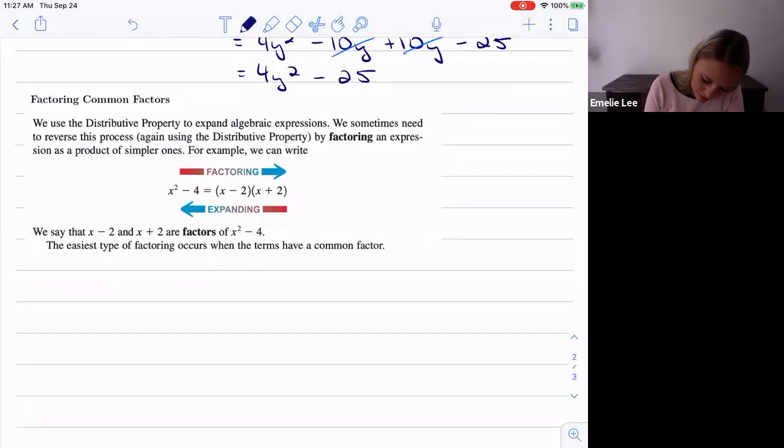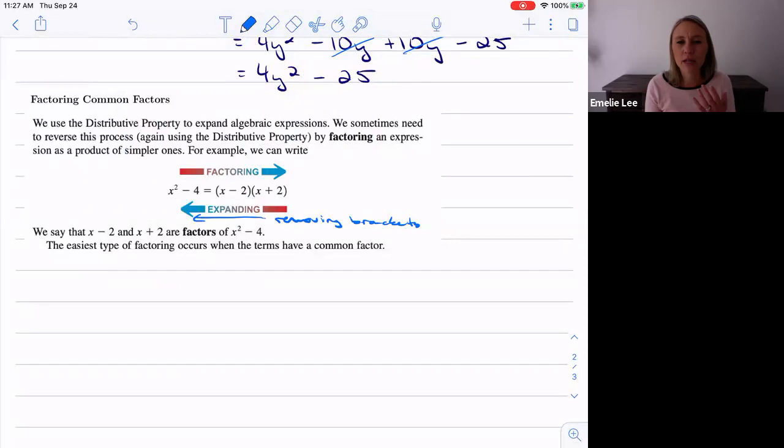So expanding is when we're removing brackets. Factoring is kind of creating brackets. I'm not going to write that, but it's kind of, you know, smushing things together and making it more compact typically.